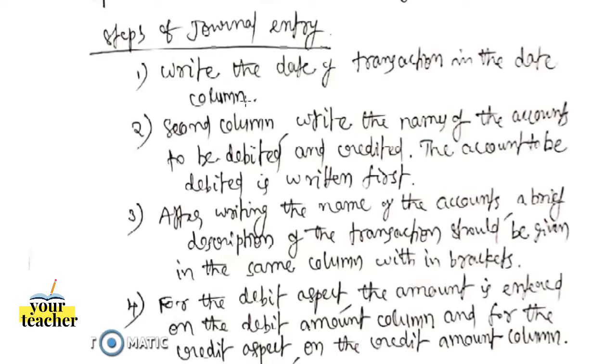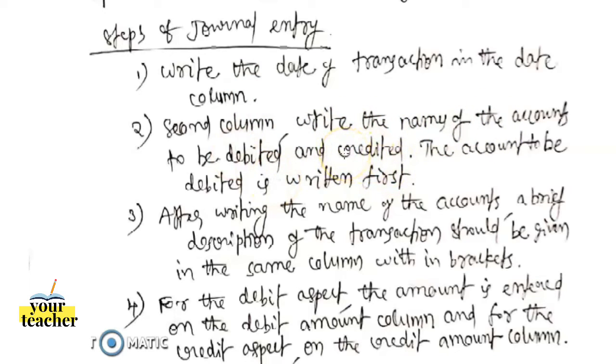Now, how do you represent this? The first column is the one in which you enter the date. You will enter each transaction on a date basis, and the date corresponding to each transaction will be recorded in the first column. In the second column, you will write the names of the accounts to be debited and credited.